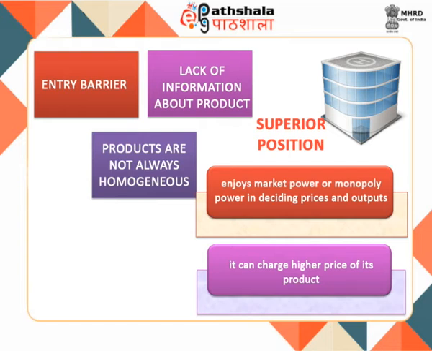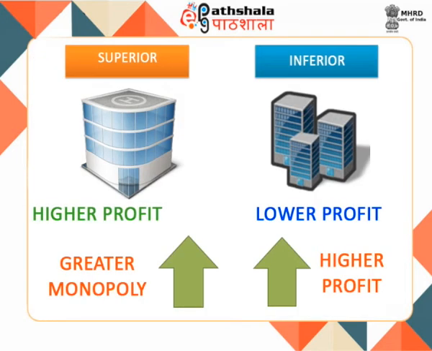By virtue of its monopoly power, it can charge a higher price for its product. Thus, this superior firm obtains higher profit than the other weaker firms. The greater the monopoly power enjoyed by an entrepreneur, the higher will be the profit obtained by him.